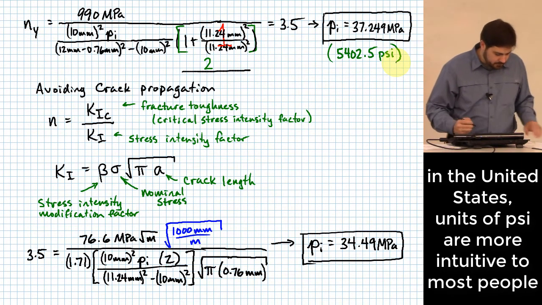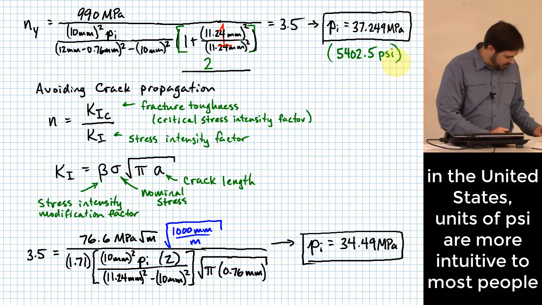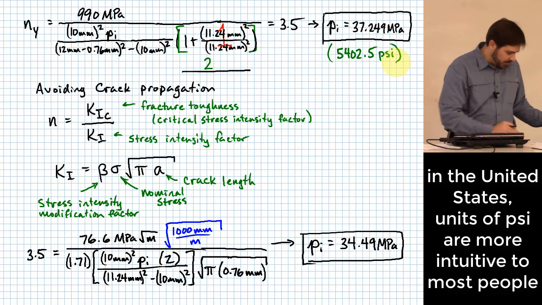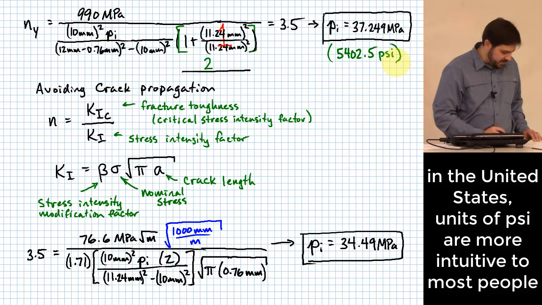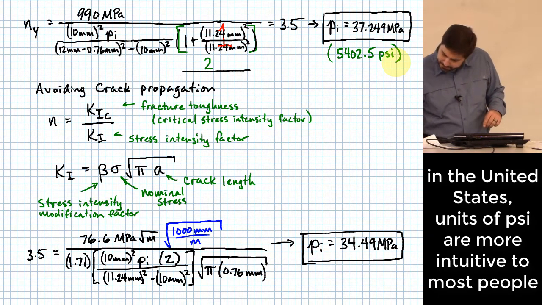And then for my other one that I just calculated here, I'm not sure I actually wrote that one down. But anyway, it's obviously a little bit less than that. I think I might have it over here.